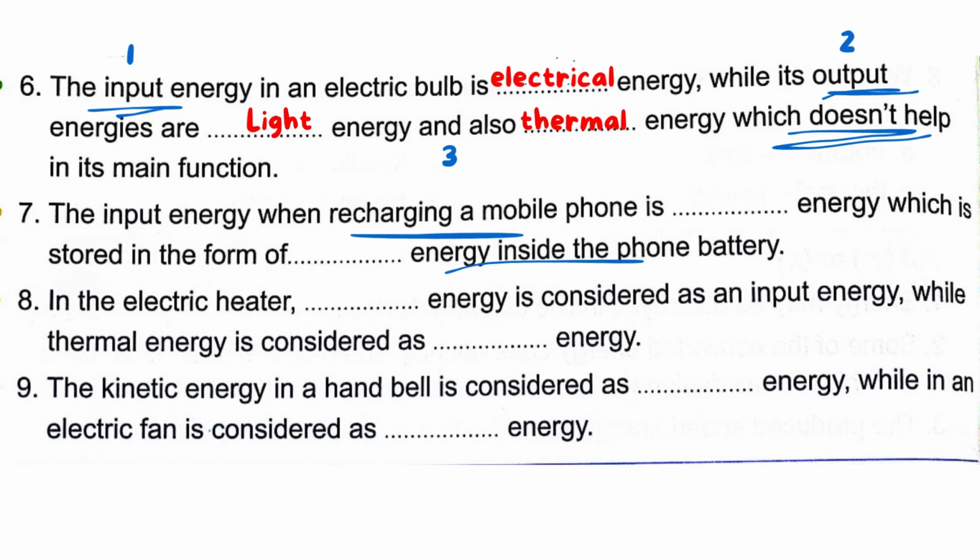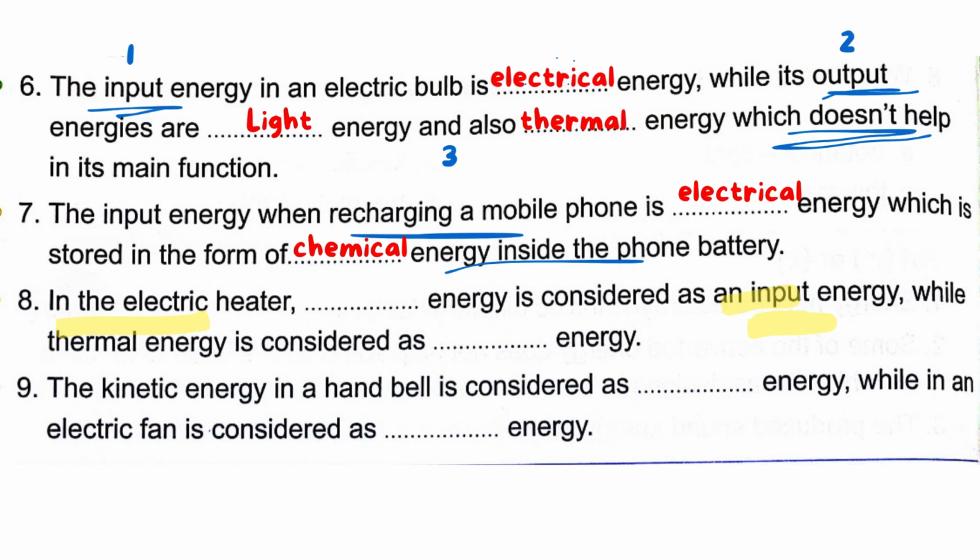So the first part, we need to recharge the battery. Yes, electrical energy. And when we charge the battery, this electrical energy will be stored in the form of chemical energy inside the battery. When we want to operate this phone, this stored chemical energy changes into electrical energy, and this electrical energy will be converted into light energy and sound energy.